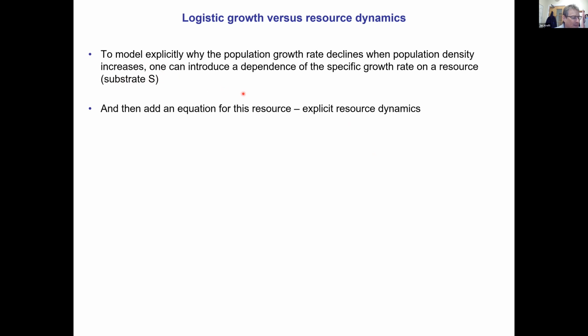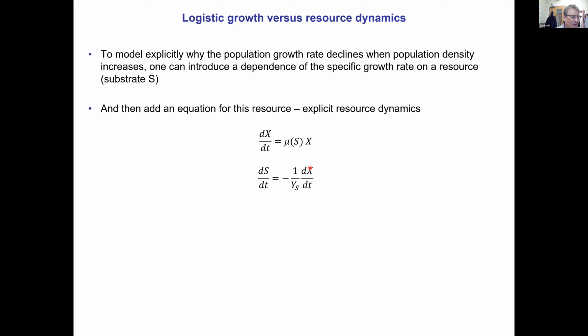So we need an equation for this resource, and we need to make our specific growth rate a function of the resource concentration. And we have to write down an equation for the change of the resources, which are coupled to the rate of growth of the population.